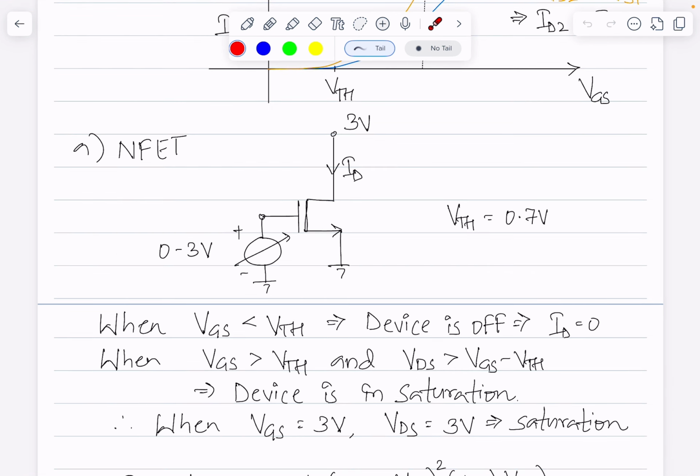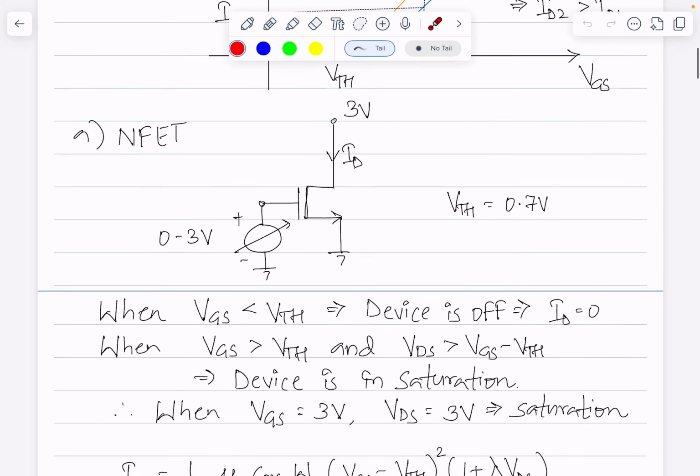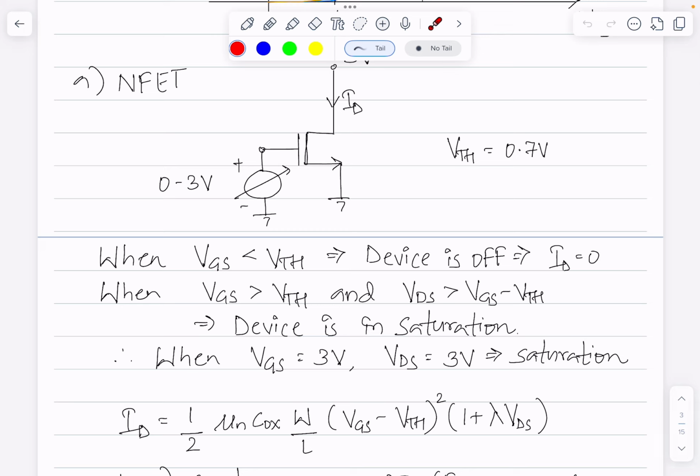You have an NMOS, your VDD is 3 volts and VGS varies from 0 to 3 volts, and you want to find the current ID. As I mentioned, when VGS is less than VTH, the device is off, there is no current in the device.